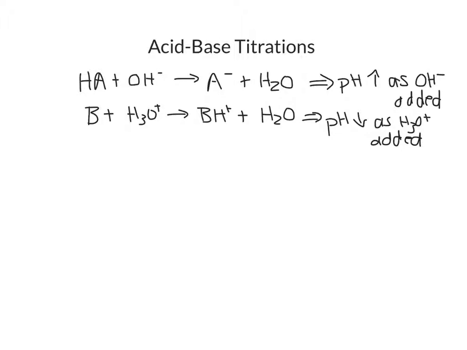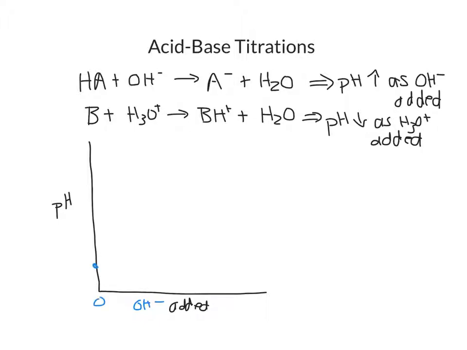So if we think first about the acid reaction with a strong base, and we imagine what would happen to the pH as we add strong base, we would expect that we will start with a low pH because when we have 0 OH minus added, we're starting with all acid.